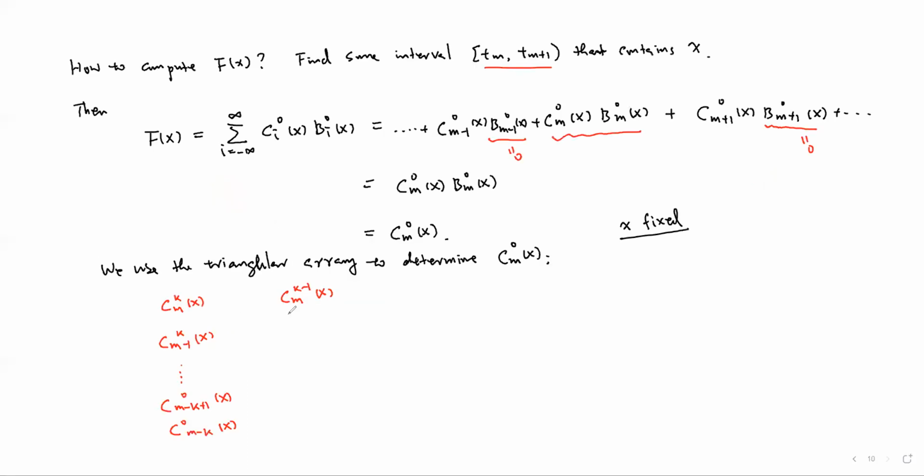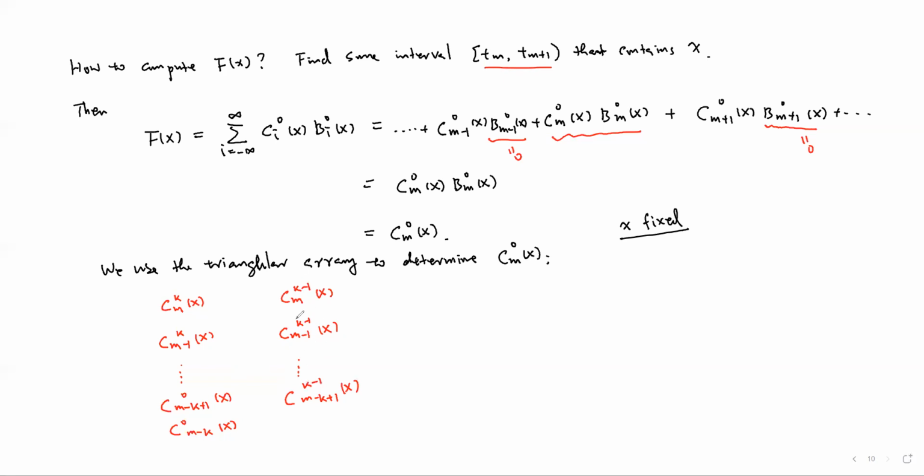From this number and the number below it, we can get this. And also from this number and the next number, we can get Cm-1,k-1 at x, and so on, up to Cm-k+1,k-1 at x.